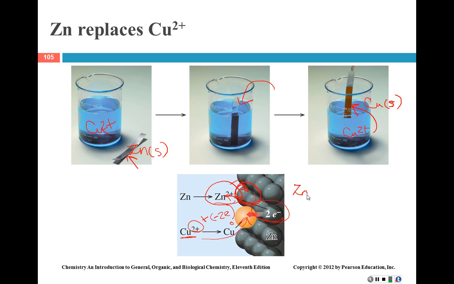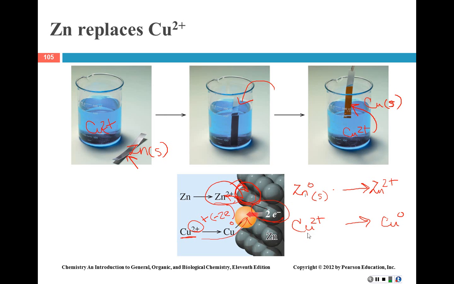So the zinc, which was a 0 because it was the metal, goes to zinc 2+. The copper, which was in solution, goes to copper 0, okay?